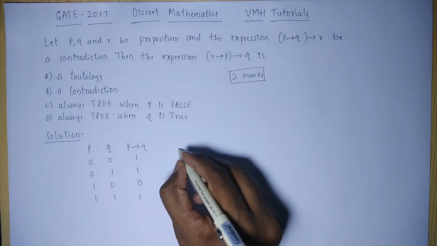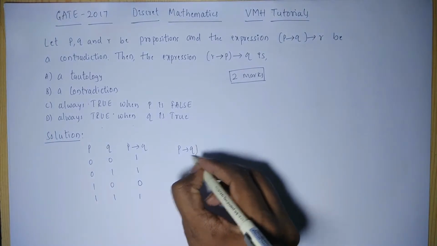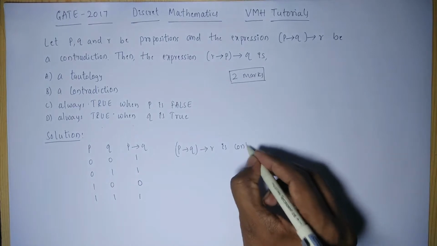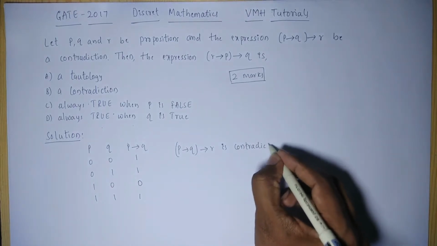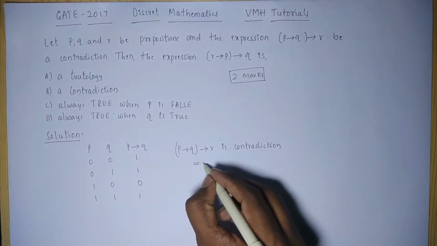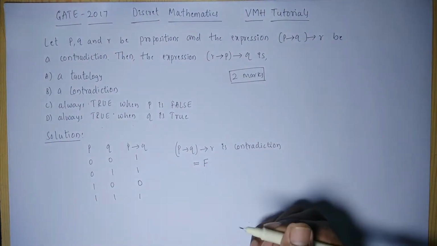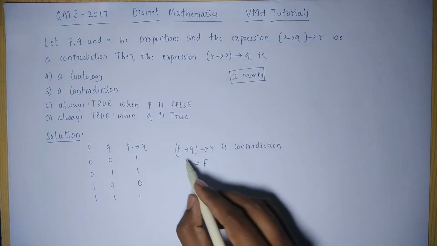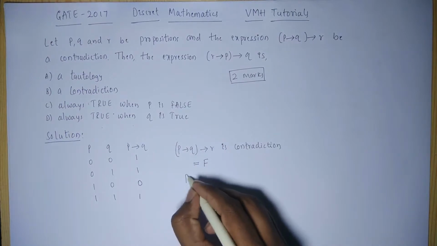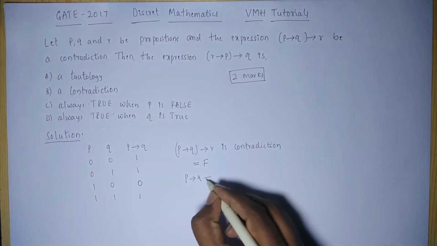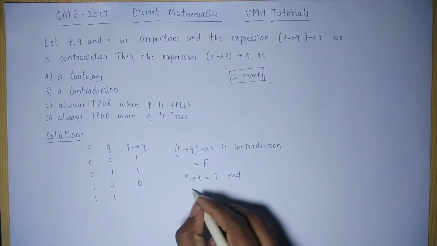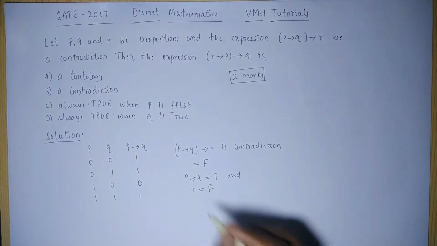The given expression P implies (Q implies R) is a contradiction, meaning it is a false statement. This can happen only when P is true and Q implies R is false, that is Q is true and R is false.